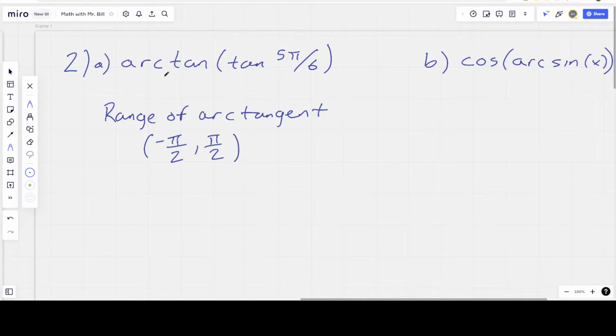So when you're dealing with a trig function and its inverse trig function, the two together, you want to start from the inside and work your way outwards like we would normally do. So the tangent of 5 pi over 6, if we remember the unit circle, is equal to negative rad 3 over 3.